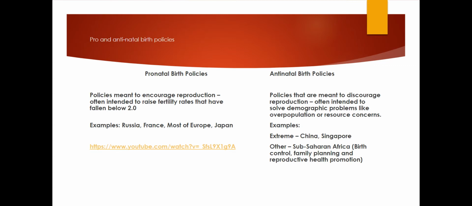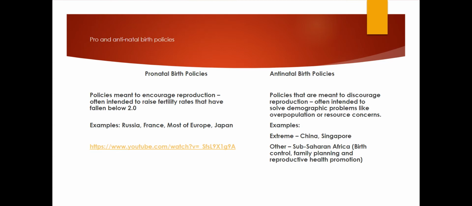Okay, so pro-natalist birth policies are defined as policies meant to encourage reproduction. Often enacted by countries that are seeking to raise the fertility rate within the country. So think about the types of countries that might have these types of policies. They are generally countries that have low fertility rates. Obviously we know that most of those countries would be more developed countries.